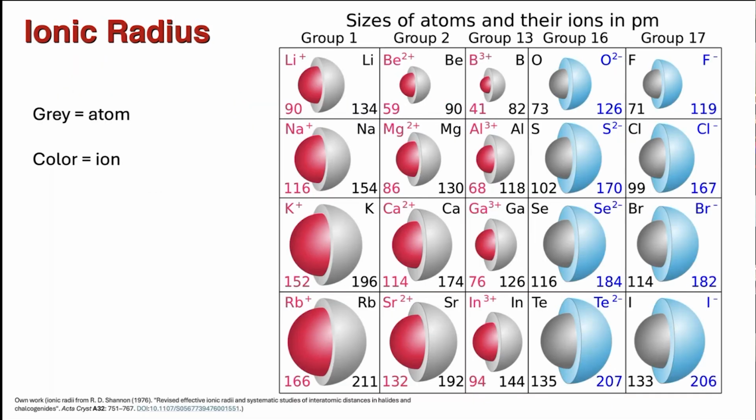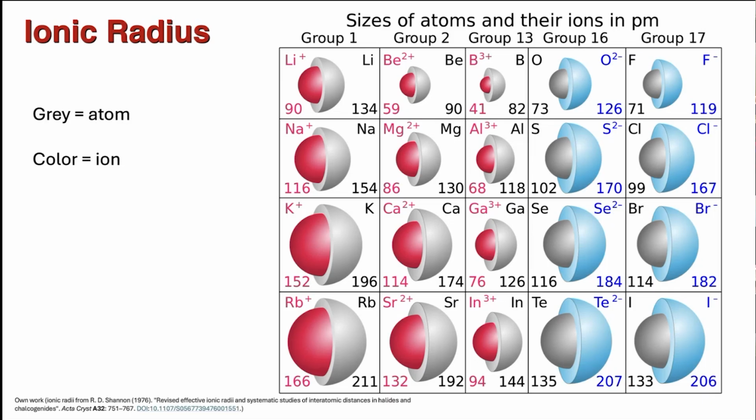And so this is just a simple chart. Here in gray is the atom. The left-hand 3 columns are in red, and so the red ball is the cation, and on the 2 right-hand ones, the blue ball is the anion. All this is showing is that as we ionize, taking a lithium atom to a lithium ion, we decrease the ionic radius from 134 picometers to 90 picometers.